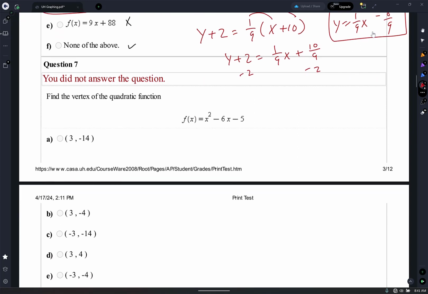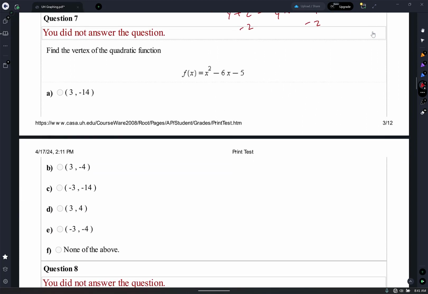Find the vertex of the quadratic. Again, you can find the vertex by completing the square, guys. I'm going to take this 6 and divide it by 2. What's 6 divided by 2? 3. And you can say negative 3, but 3. And what's 3 squared? 9. So I put a plus 9.